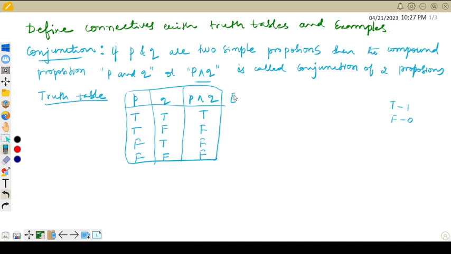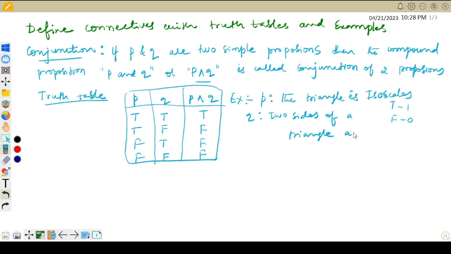So now I am going to give an example here. Just look at this example. Let P be: the triangle is isosceles, and Q be: two sides of the triangle are equal.